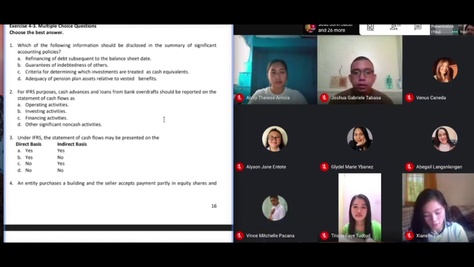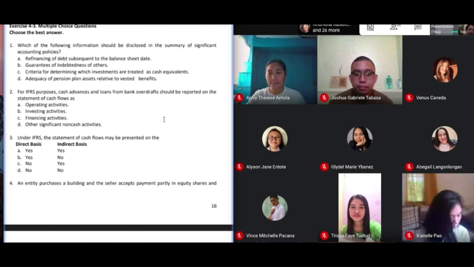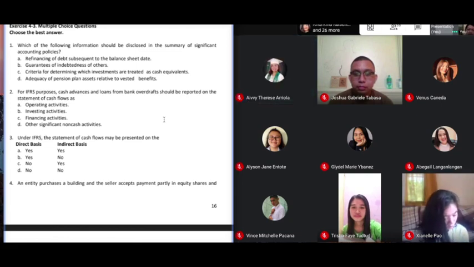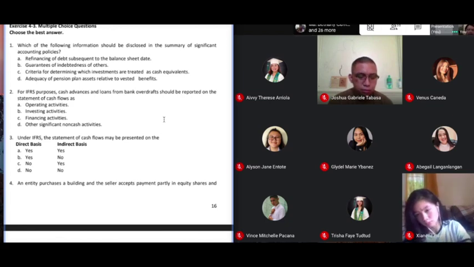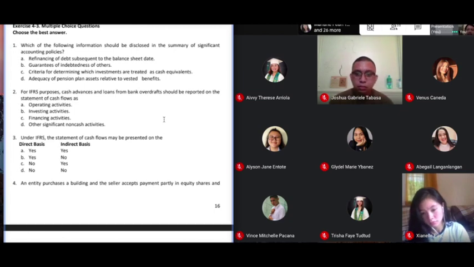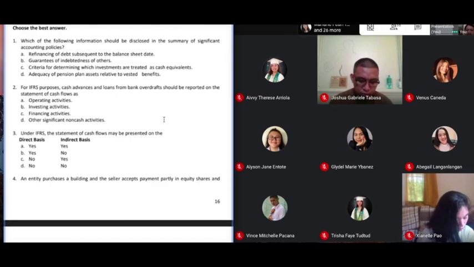But for bank overdrafts, class, the best answer here would be operating activities because normally bank overdrafts are already part of your cash management policies, class. And as discussed in the videos, if it's part of your cash management operations or activities, then it would be part of your operating activities. The best answer for number 2, class, would be alpha, operating activities.